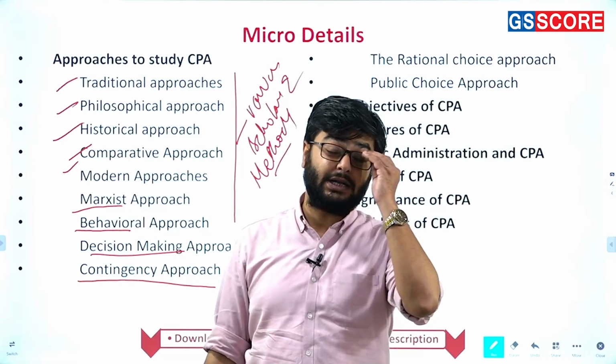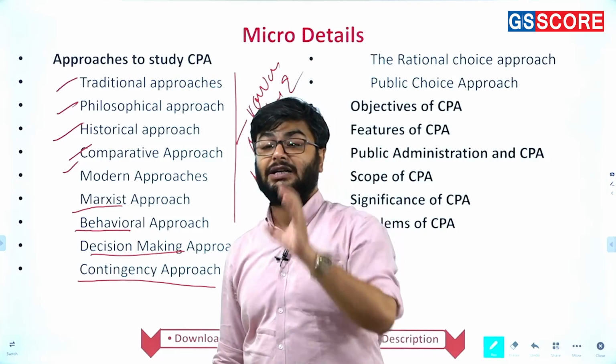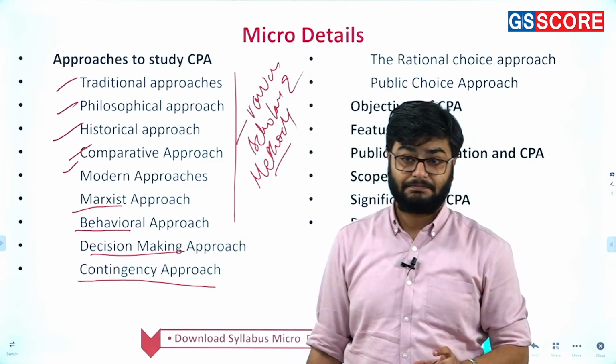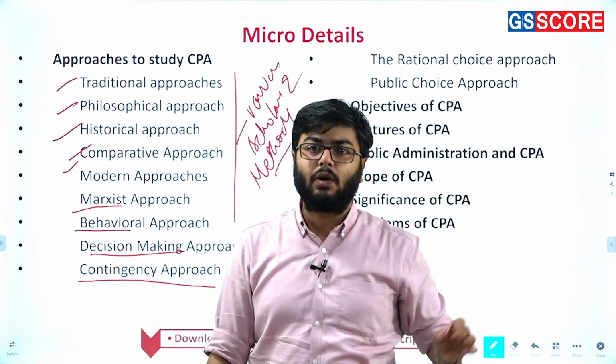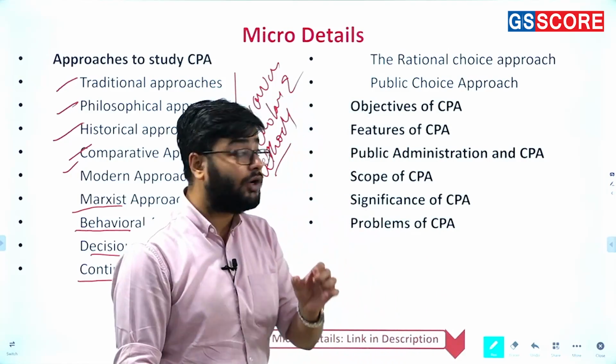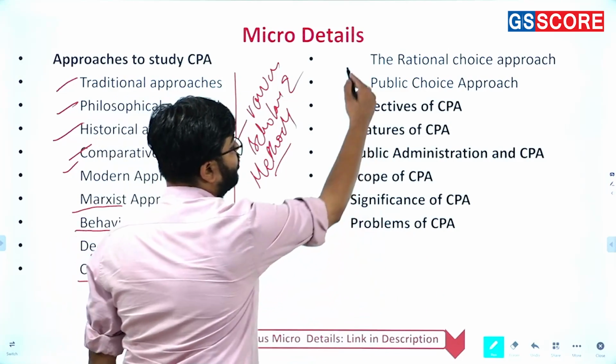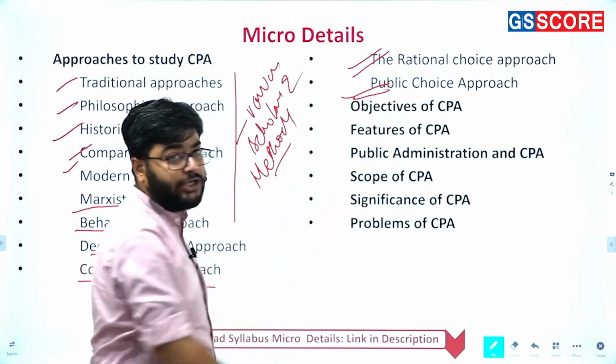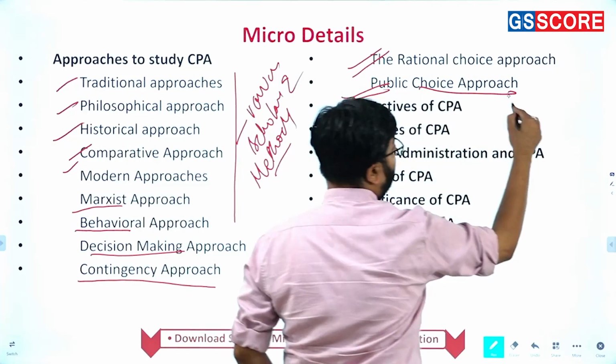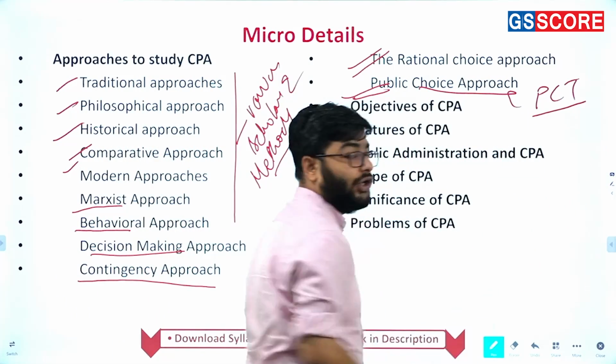Remember, when it comes to the contingency approach, we took it up as part of organizations as well. So that is how interlinkages will have to be drawn here. The rational choice approach, the public choice approach, linking with the public choice theory, Unit 1.